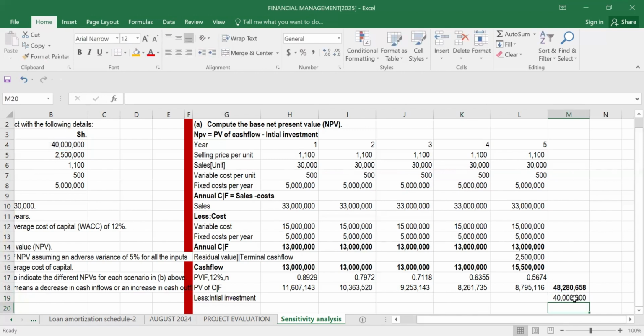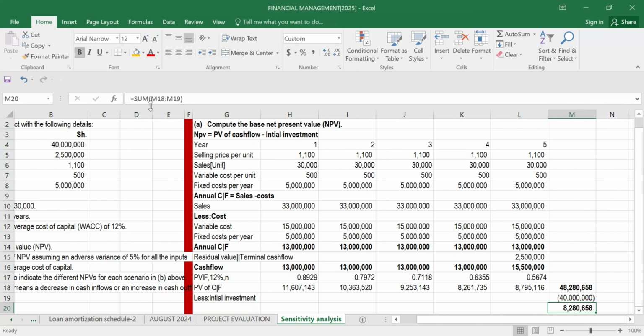And I think this one we can just make it a negative by multiplying that with a -1. Yes, we make it a negative, so that now we deduct it from the total present value of our cash flows, and basically that will give us an NPV of 8 million 286.58.